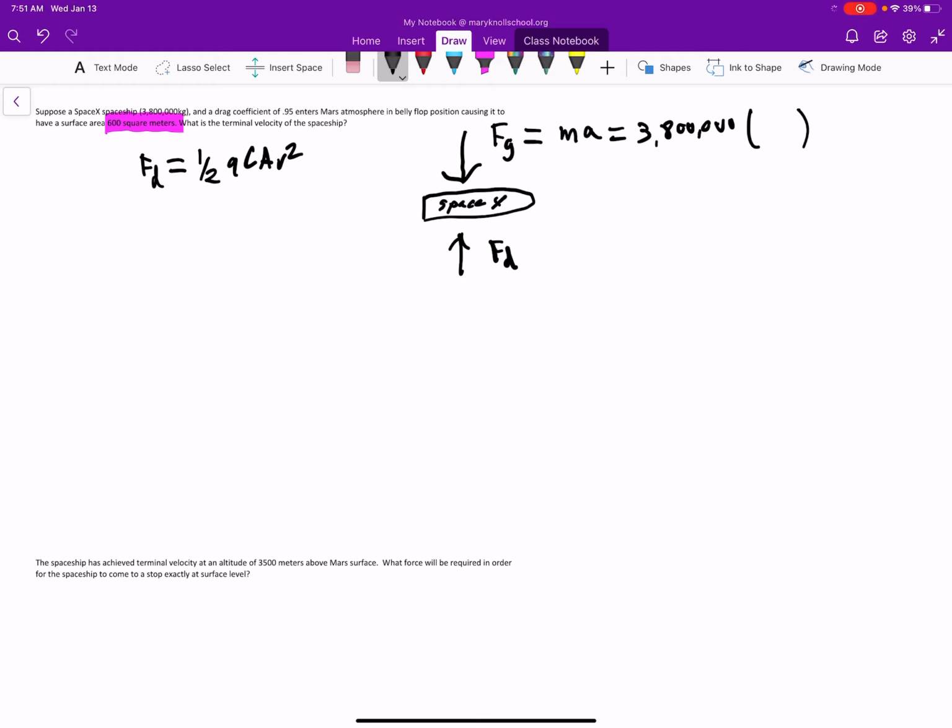So what is the acceleration due to gravity on Mars? Go ahead and look that up. All right, if you look it up, you'll find that it's 3.7 meters per second squared. Now go ahead and multiply those two together.